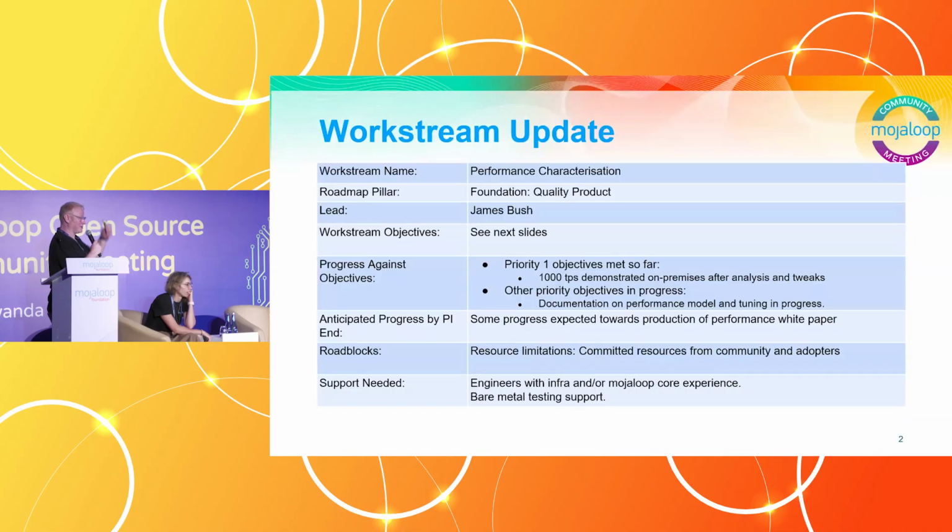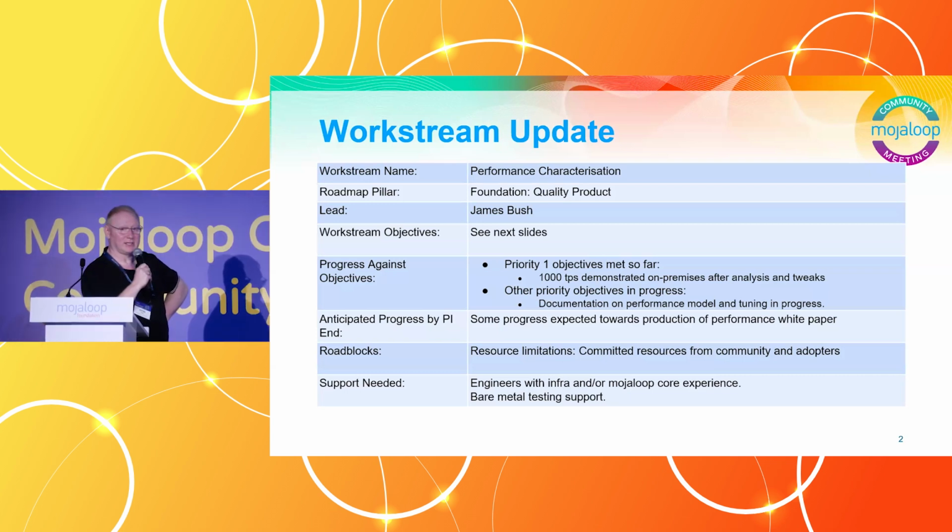Okay, so performance characterization. This is one of our official community work streams that's been running probably about 18 months now. At the start of the work stream, we set ourselves a lot of objectives. Those objectives are documented in detail.